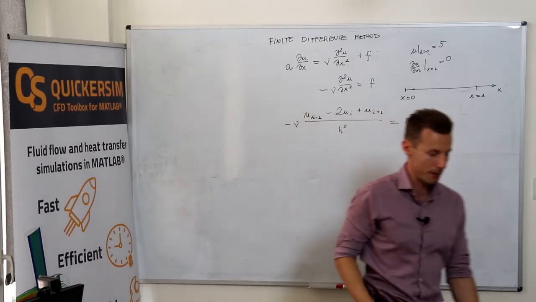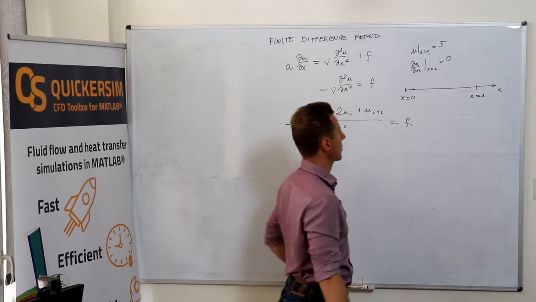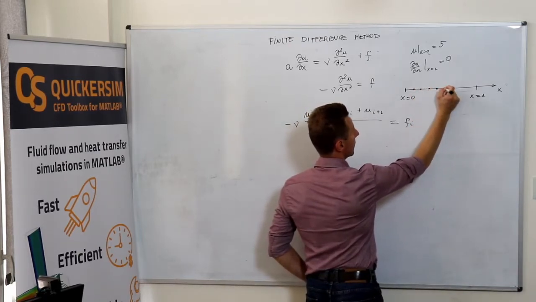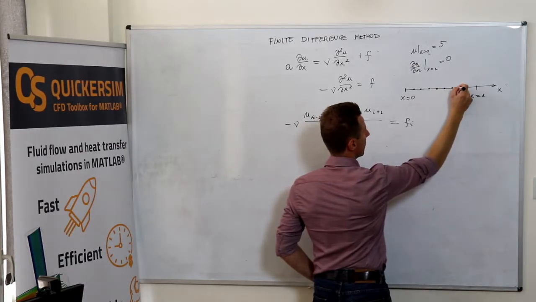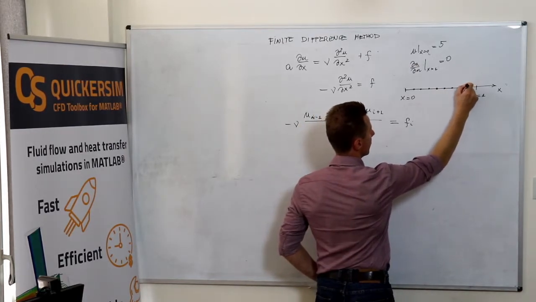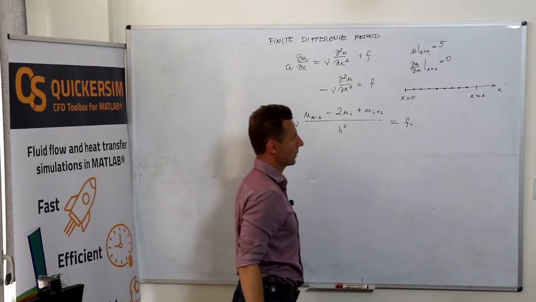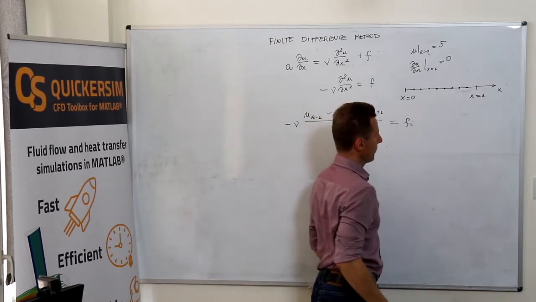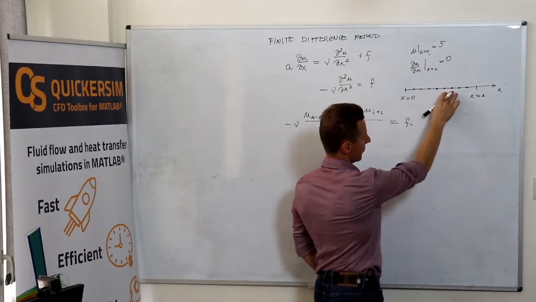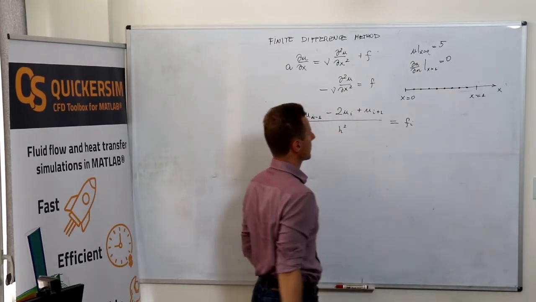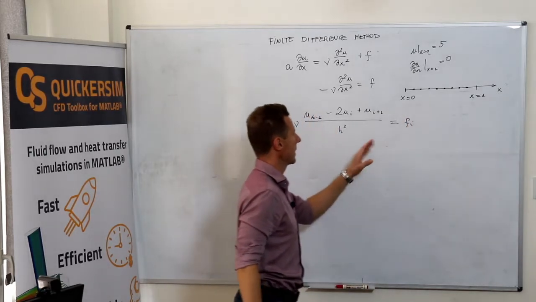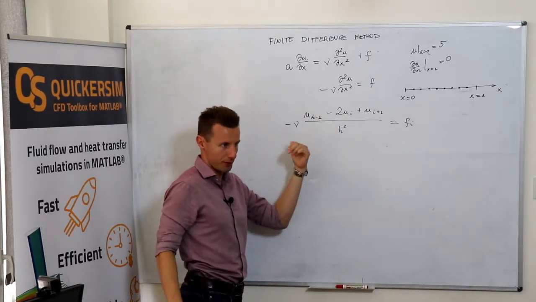For a finite difference method, or basically for any discretization method, we first need to introduce the discretization of the domain. So what we do is we introduce the nodes, and we will have finite differences between the nodes. So that's the discretization of space. Again, what is the next step?